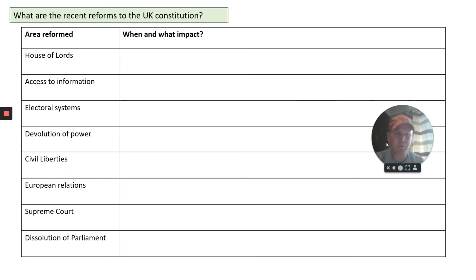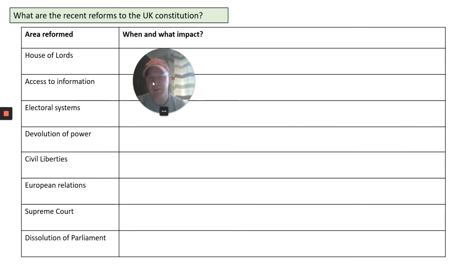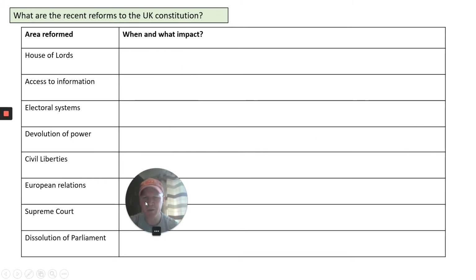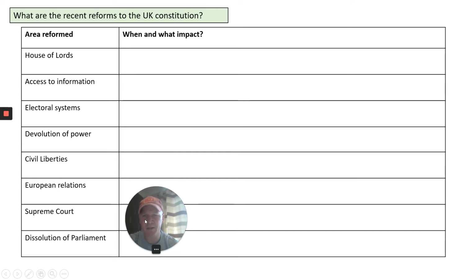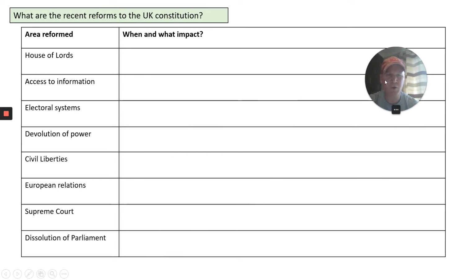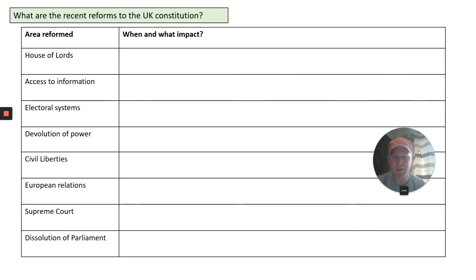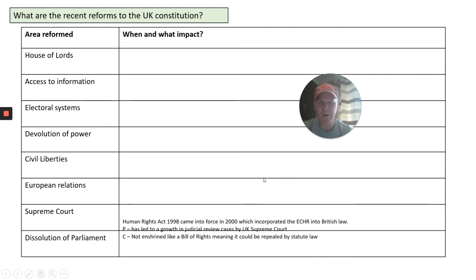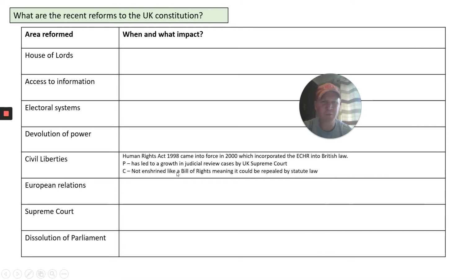In terms of recent reforms, these are the areas that have been reformed pretty much since 1997. And it's important that you know when these happened and what was the impact of them. So if I was to take the example of civil liberties down here, what I'd be putting in this table would be the Human Rights Act of 1998, incorporated the European Convention of Human Rights into British law. The P and the C stand for pros and cons.